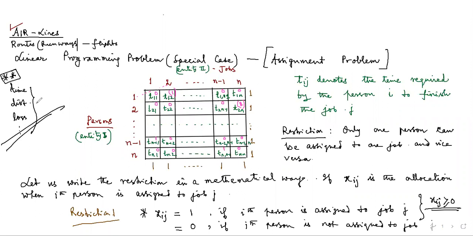But if you look at these terms, time, distance, loss, all these things are such quantities which should be minimized. We always want to minimize the time. We always want to minimize the distance. We always want to minimize the loss.